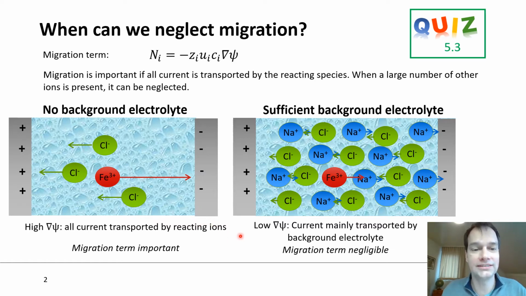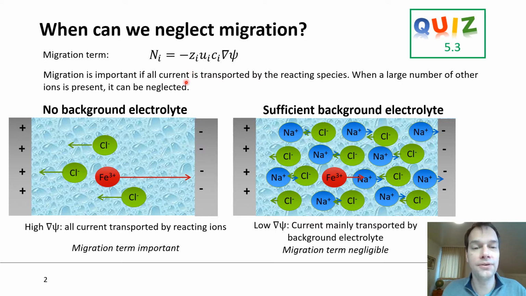Now why is that? Well, as you can see here in the equation, the migration term depends on a number of factors, including the potential gradient, the concentration, the mobility, and the charge of the ion.